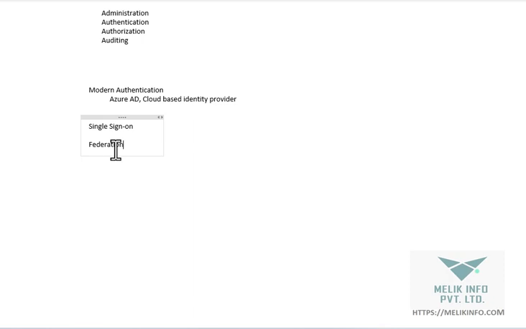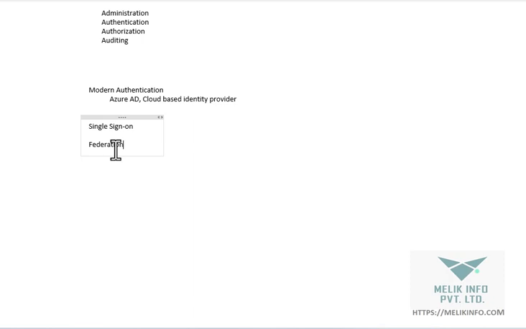Now, if we talk about directory service or Active Directory, it's hierarchical in structure.